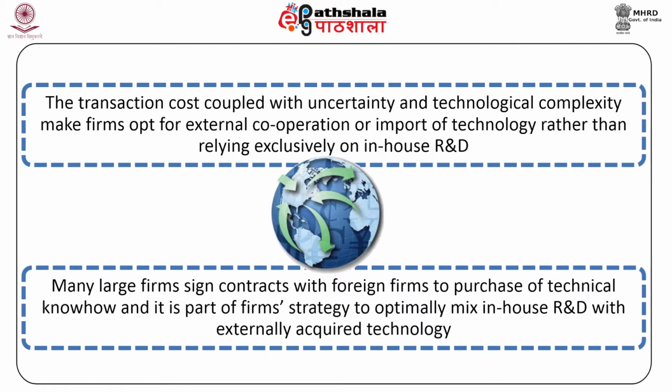Many large firms sign contracts with foreign firms to purchase technical know-how, and it is a part of the firm's strategy to optimally mix in-house R&D with externally acquired technology. The absorptive capacity of a firm is an important precondition to successfully capitalize on externally generated knowledge, that is knowledge generated by import of technology.